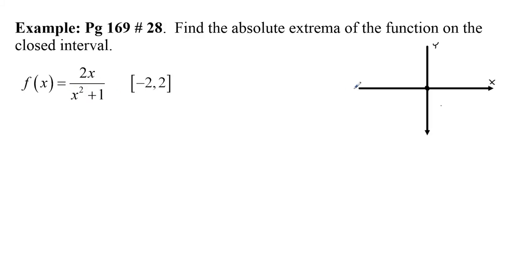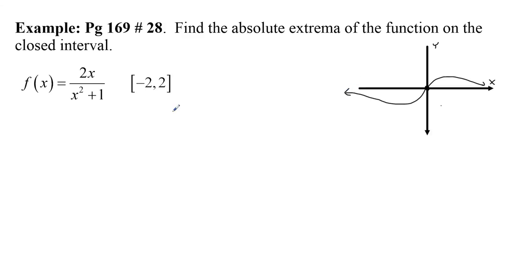On the negative side of the x-axis, I'll have a negative divided by a positive, which is a negative. So it's going to end up looking something like this. Then on the positive side of the x-axis, I'm going to get a positive over a positive, but again I still have the horizontal asymptote at y equal to 0, so it looks like this.